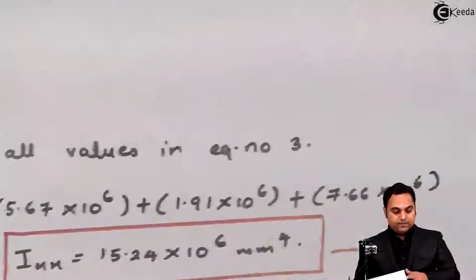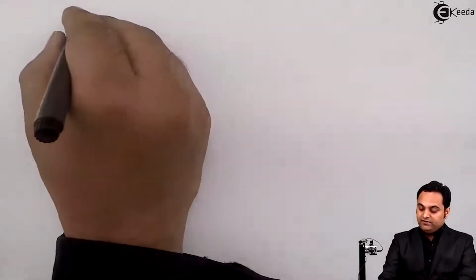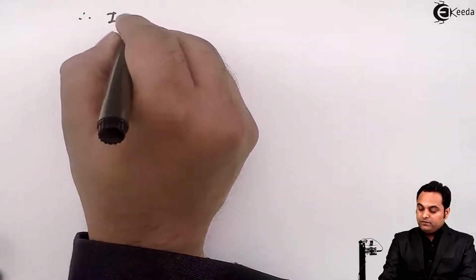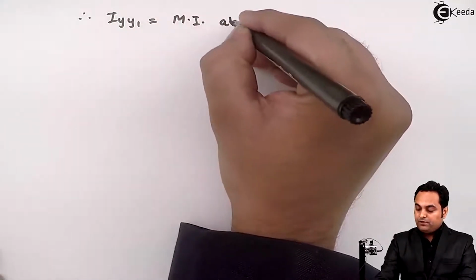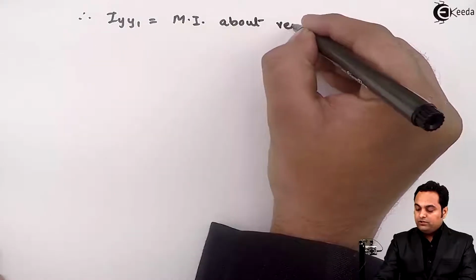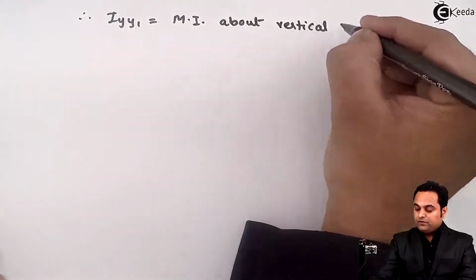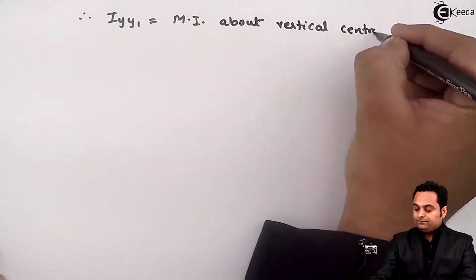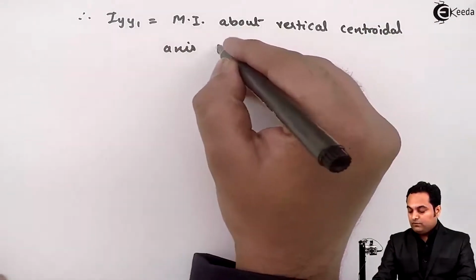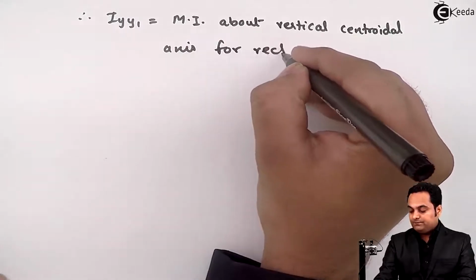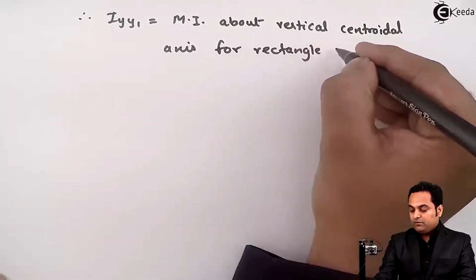Now, in that, the first thing is Iyy1, and Iyy1 is equal to MI about the vertical centroidal axis for rectangle number 1.